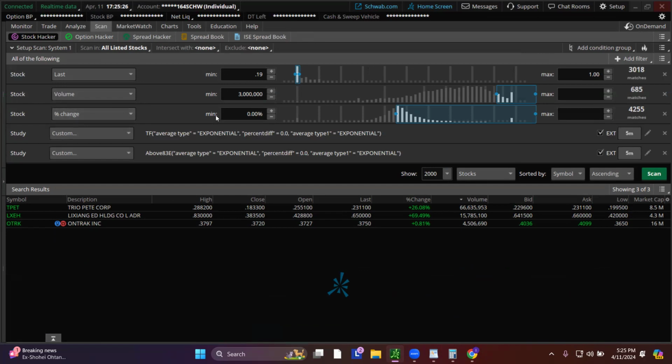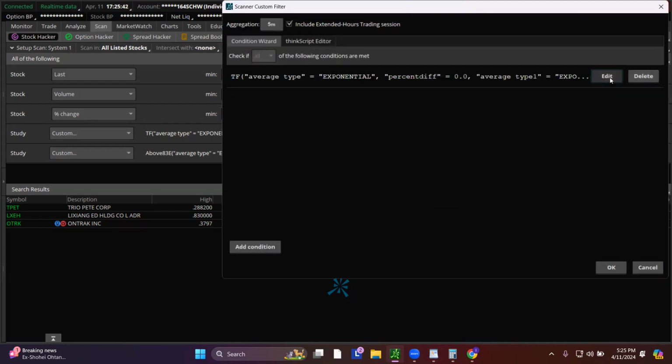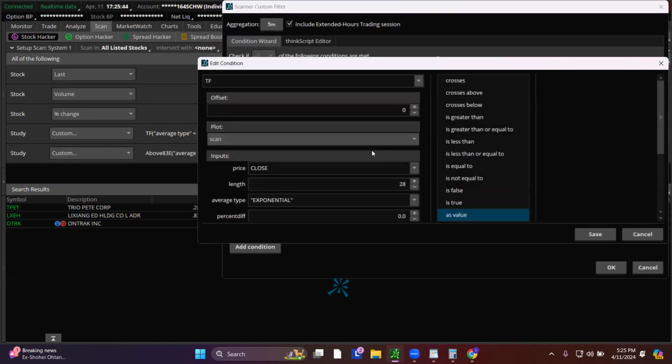Percent change is 0%. And then we have the custom scanners. And of course, earlier in the course, you learned how to create custom scans, custom indicators to place inside of custom scans. And so we have two here. And I'll open these up so you can see exactly what they look like.